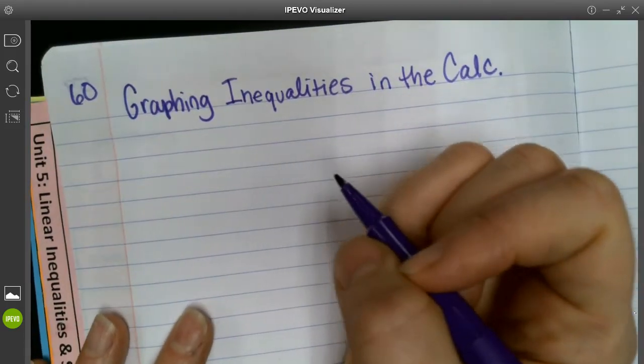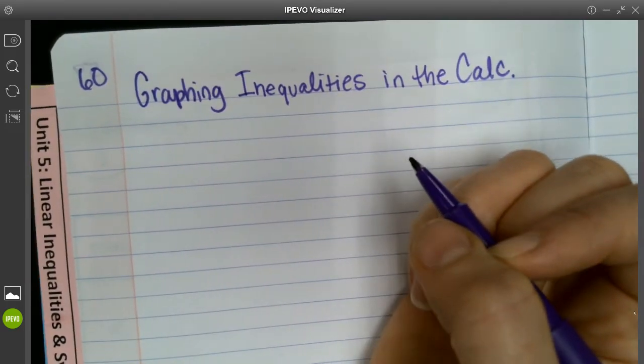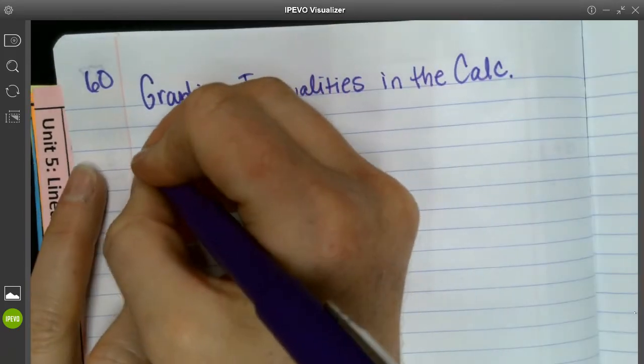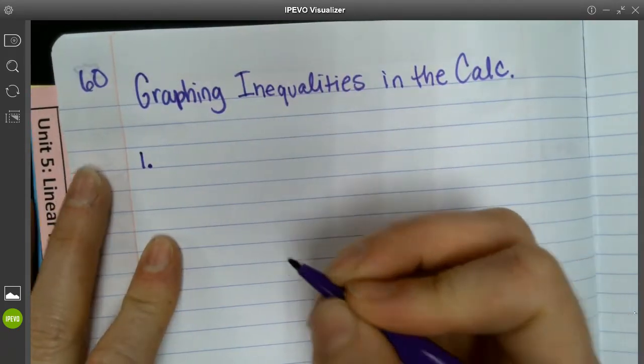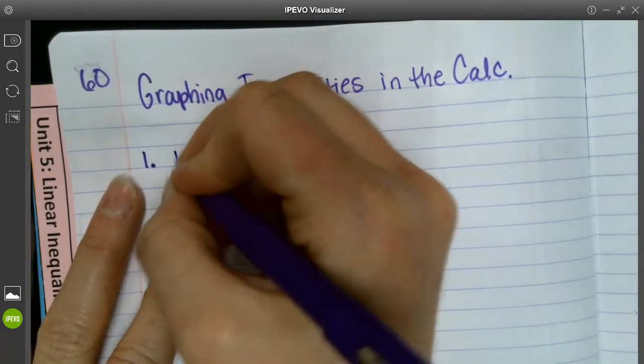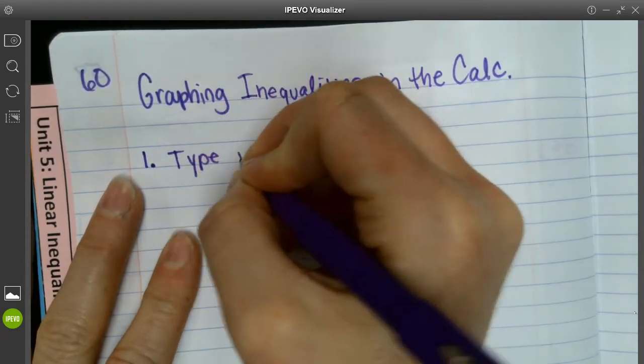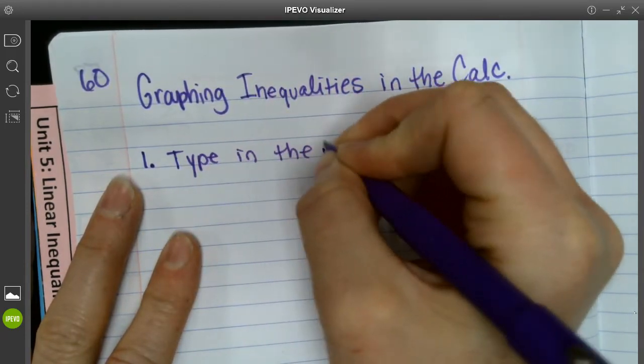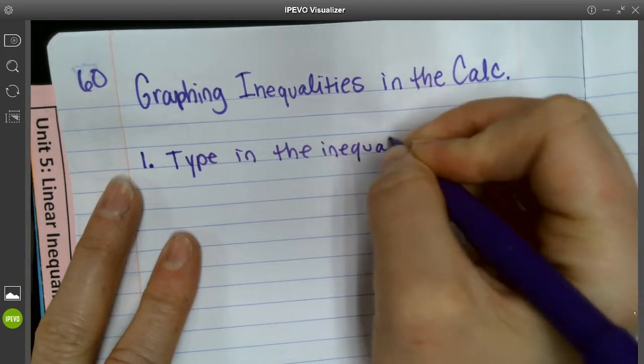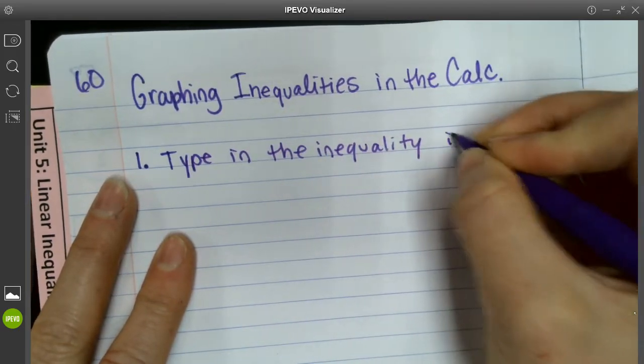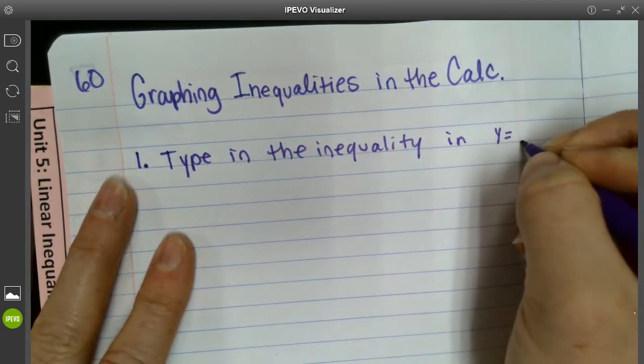Okay, so we are going to graph inequalities using the calculator. Step one is going to be type in the inequality in y equals.